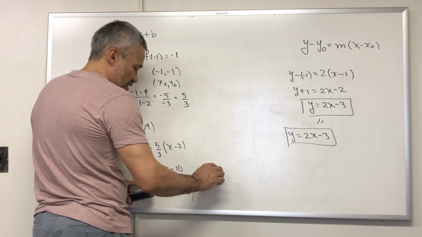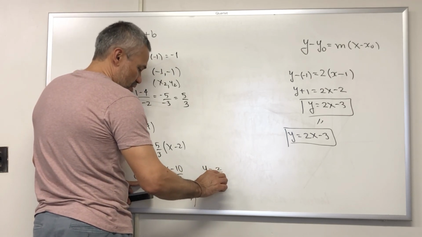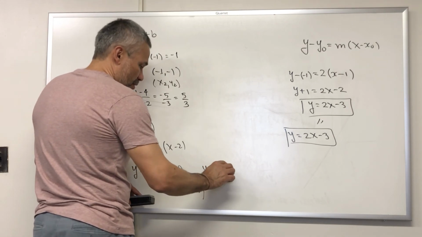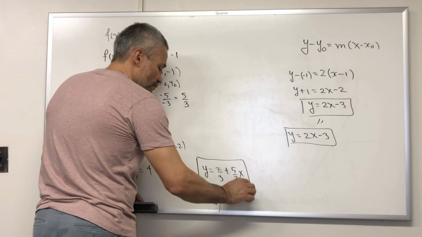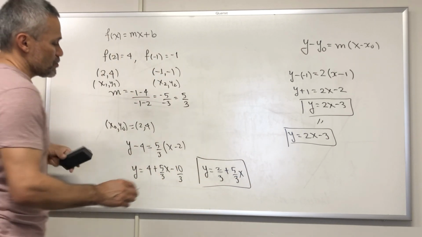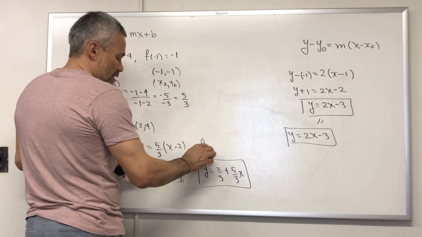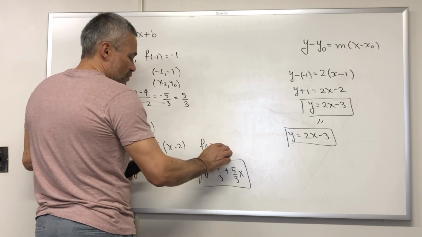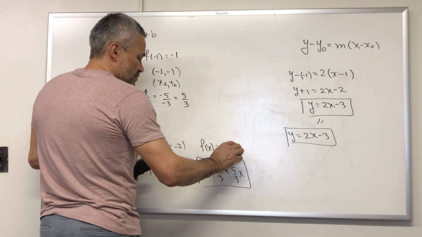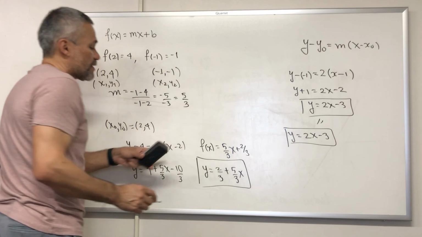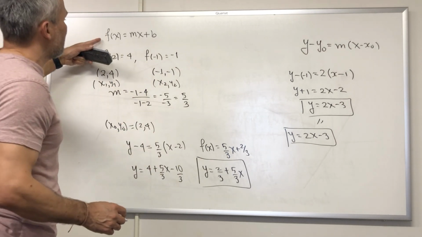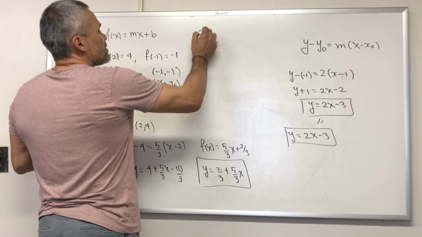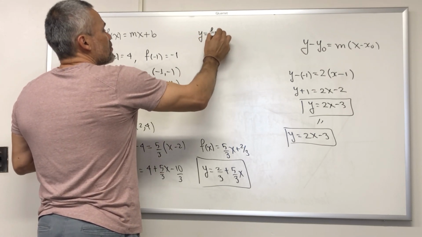Then you get 2/3 plus 5/3 of x. Then the unknown function is f of x equal to 5/3 of x plus 2/3. Remember that the connection between the graph and the function is this formula: y is equal to f of x.